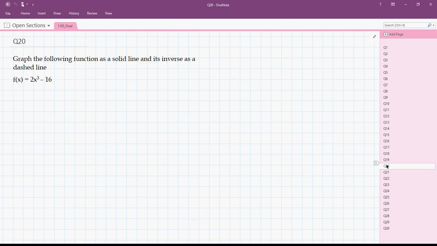Graph the following function as a solid line and its inverse as a dashed line. Does your class cover translations? Yes. Okay.